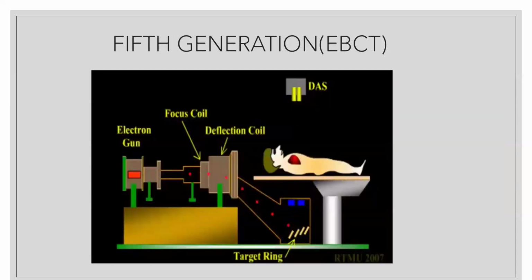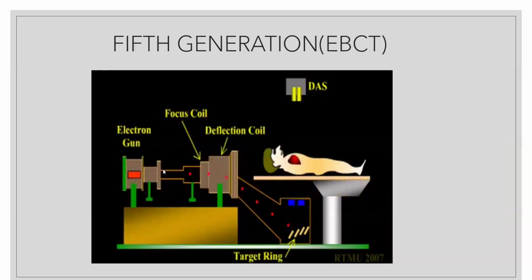Coming to the fifth generation, which is electron beam CT. Electron beam CT is where no conventional X-ray tube or moving parts are there. It is stationary, where the tube is fixed and the detector is fixed. It is mainly used for cardiac imaging.